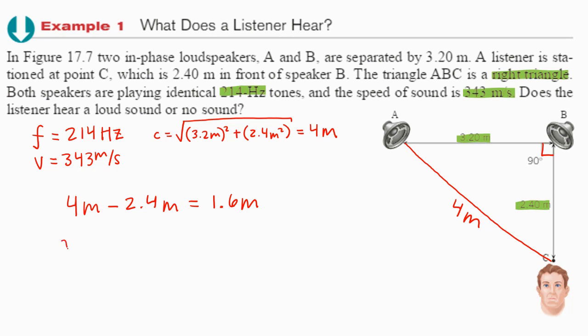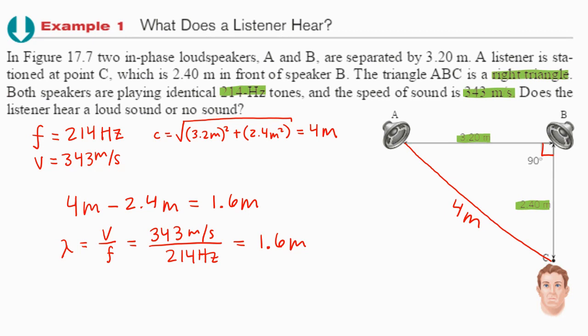So how do we figure out the wavelength lambda? We use our wave equation. They gave us V and they gave us F. So that's 343 meters per second divided by 214 hertz. And we get 1.6 meters. So the wavelength of the waves coming from speakers A and B is 1.6 meters, that means that's the distance from one crest to the next crest, or one area of compression to the next, since these are sound waves.